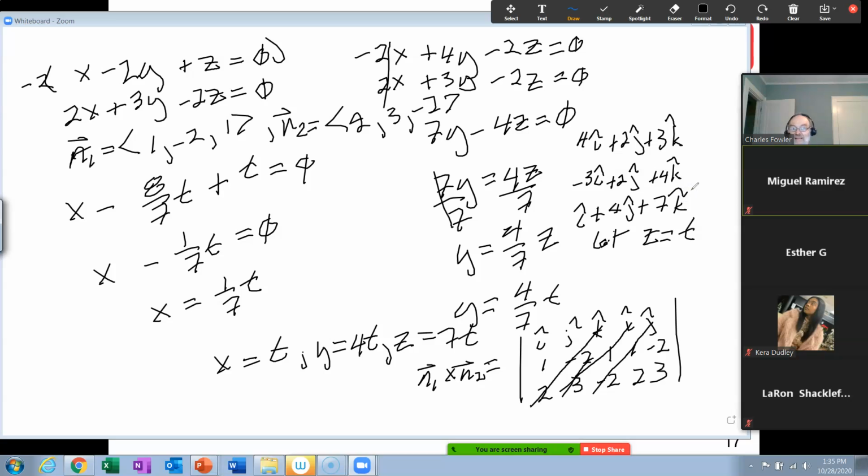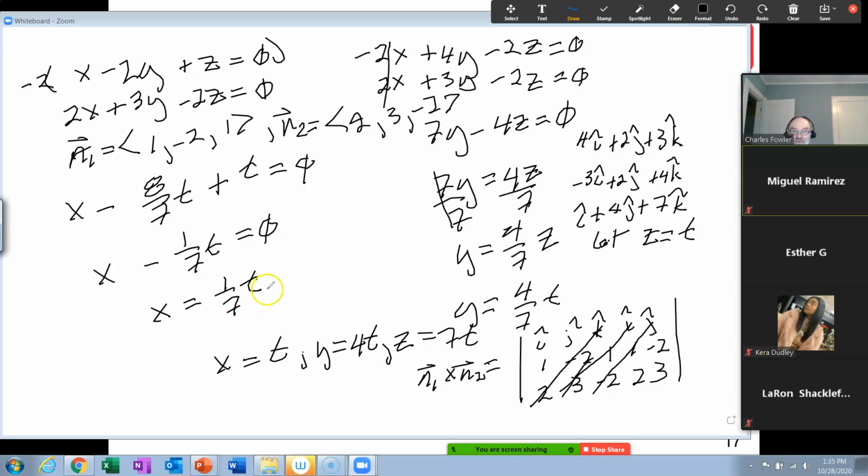Now that is a vector that's perpendicular to both n1 and n2. So therefore that must be along the line. The line of intersection has to be in that same direction.